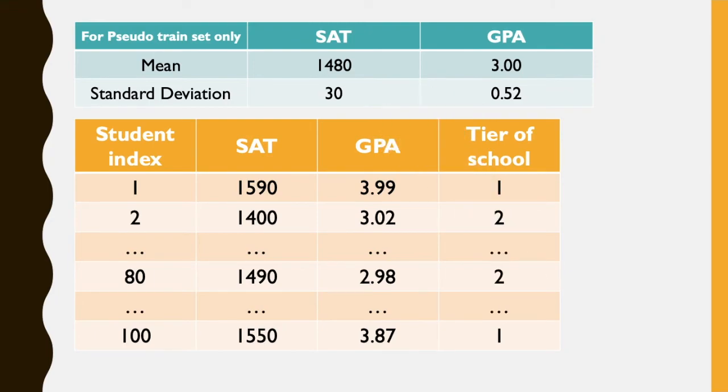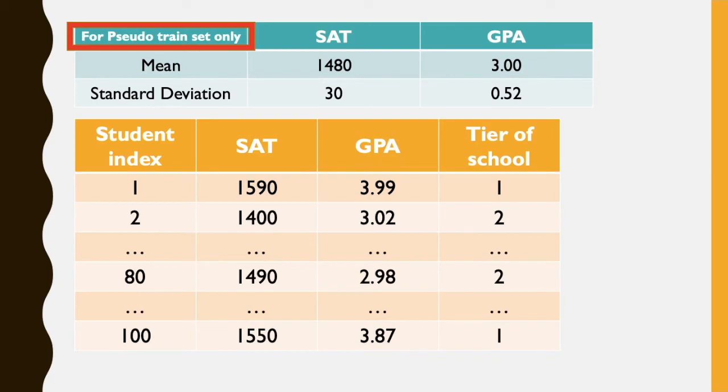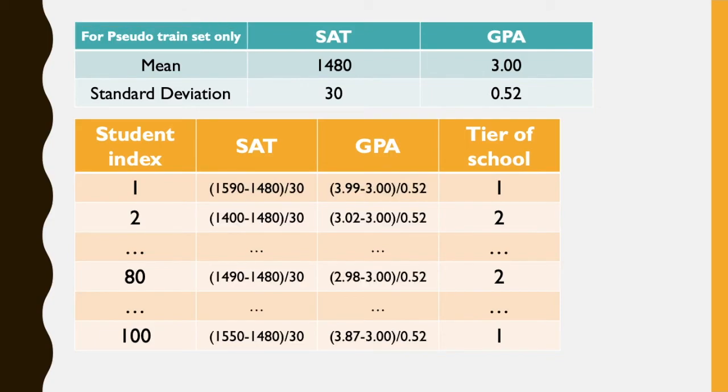I'm going to emphasize again, these data are computed from the 80 students in the pseudo-train set. None of the information from the pseudo-test data is used in the green table. Now, we standardize the whole dataset by taking away the mean and divide the difference by the corresponding standard deviation.